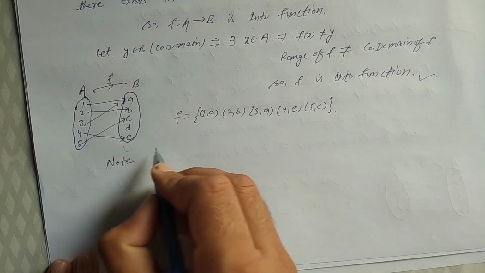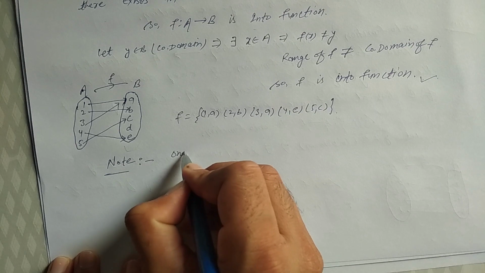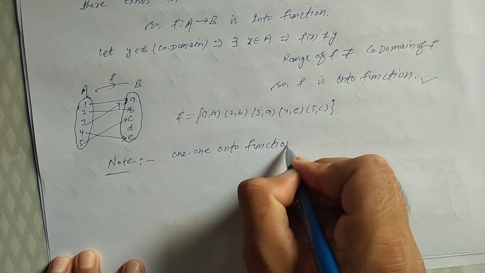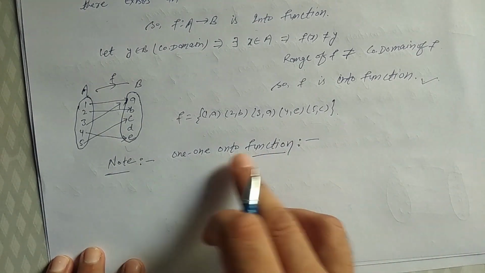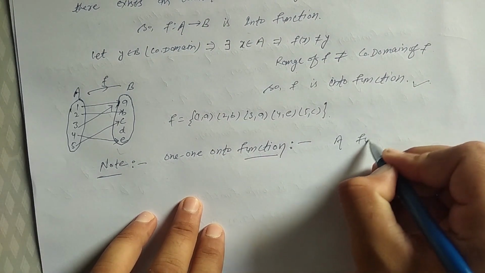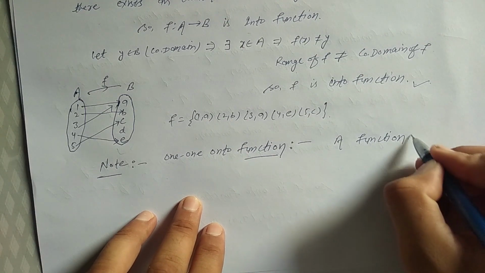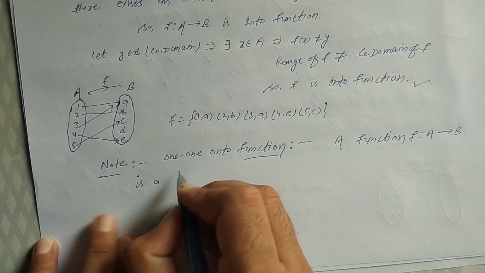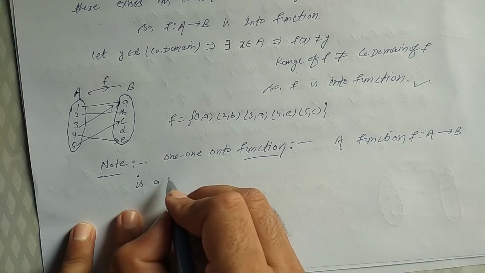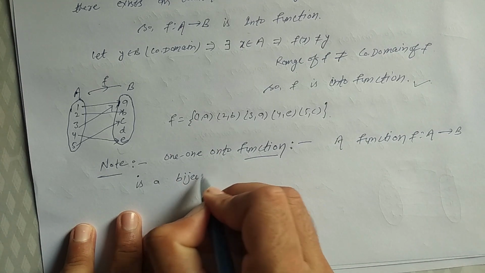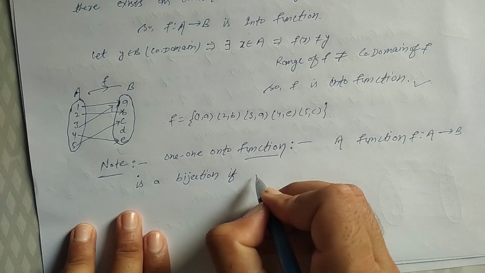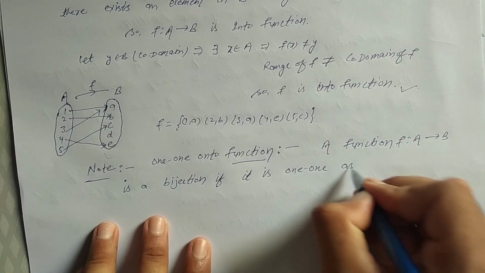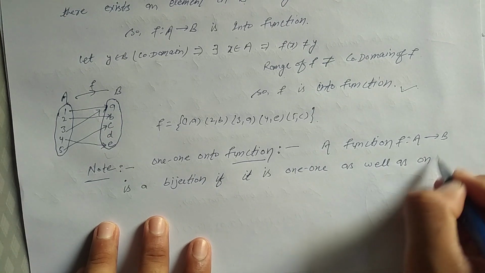Next, one-one onto function. Definition of one-one onto function: a function f from A to B is a bijection if it is one-one as well as onto.